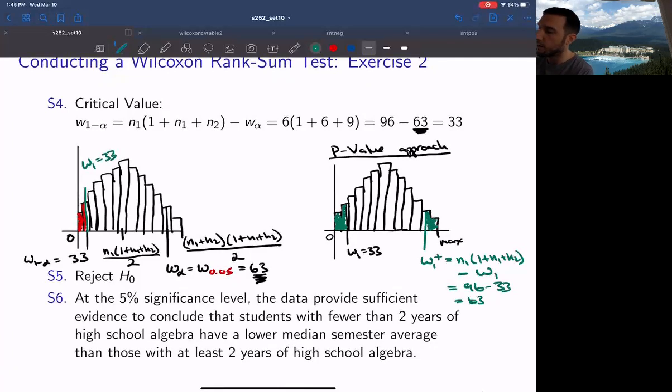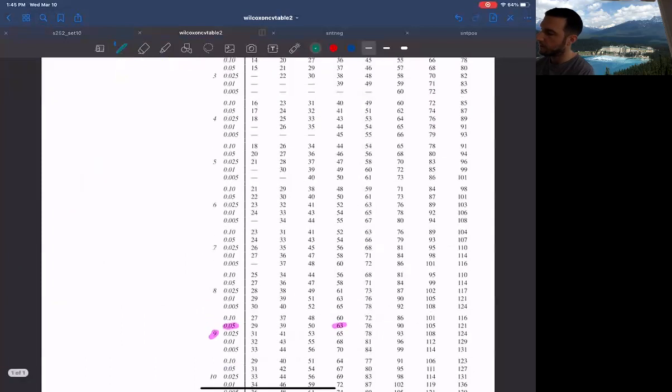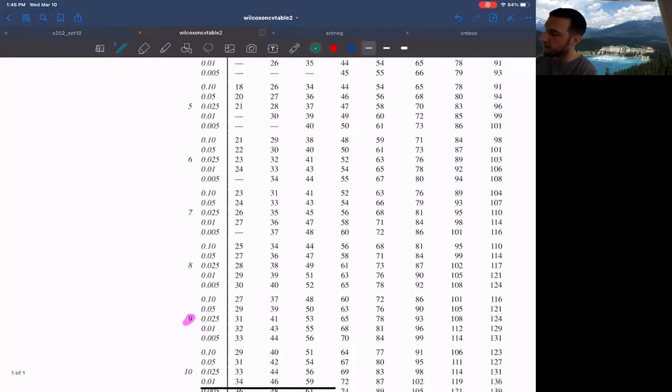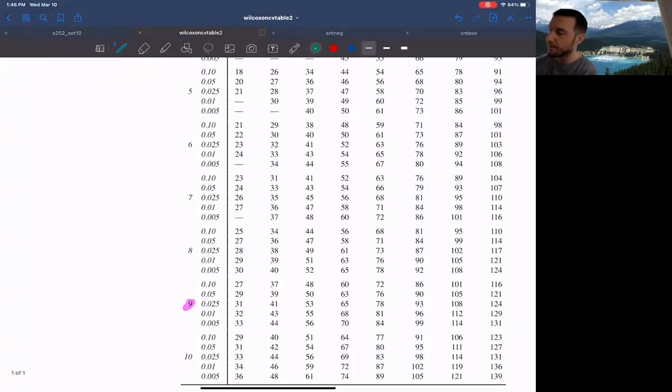Then we go to our Wilcoxon table. We have 6 degrees of freedom and 9 degrees of freedom. What we're doing here is moving our way down the line and looking for where 63 would fall in. In this particular case, you can see that we are actually equal to 63, which means that the p-value is equal to 0.05.